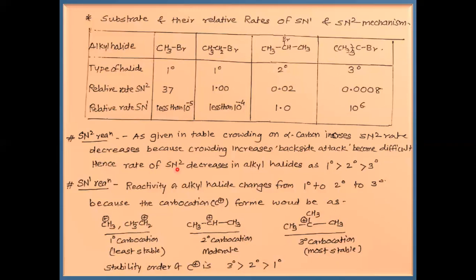Hence, the rate of SN2 reaction in alkyl halides decreases as primary greater than secondary greater than tertiary. In secondary and tertiary, crowding of alkyl groups is increased. So because of the increase in crowding, the backside attack of the nucleophile becomes difficult, and hence secondary and tertiary alkyl halides are not favorable for SN2 reaction.